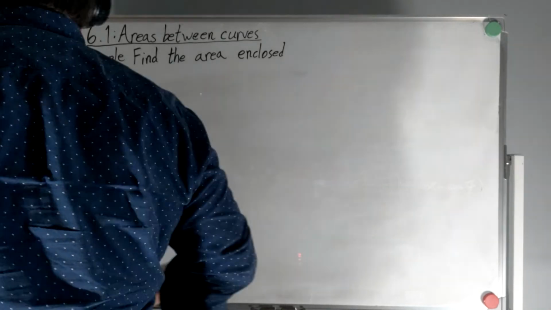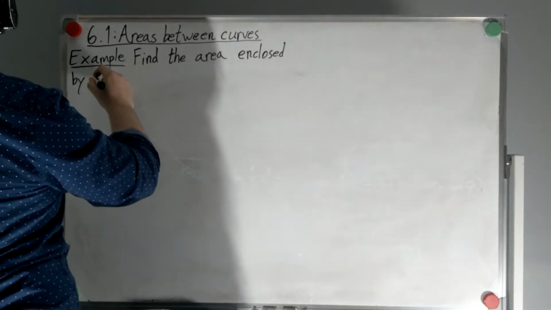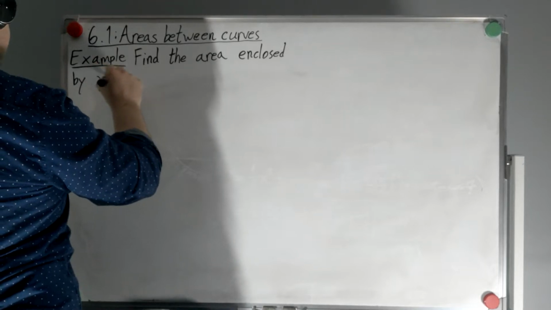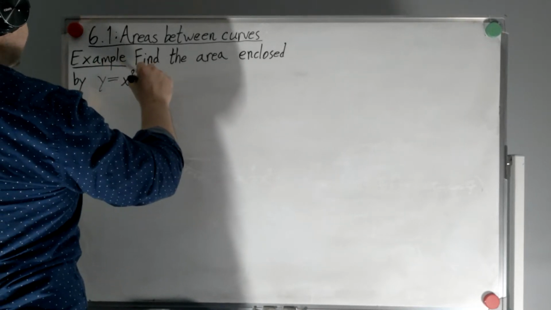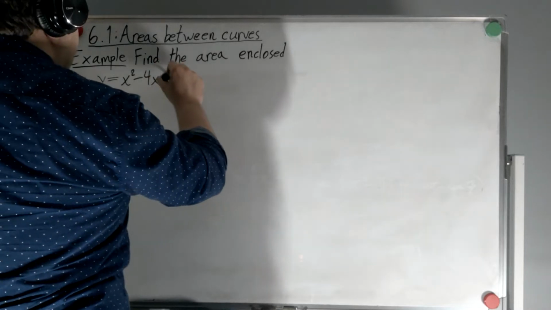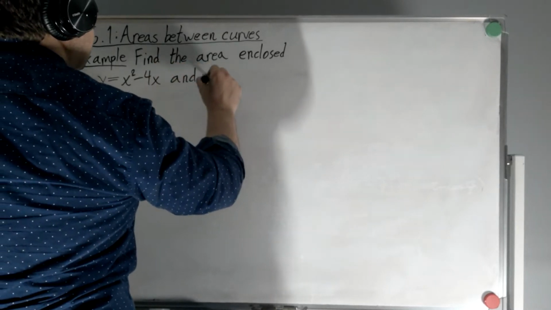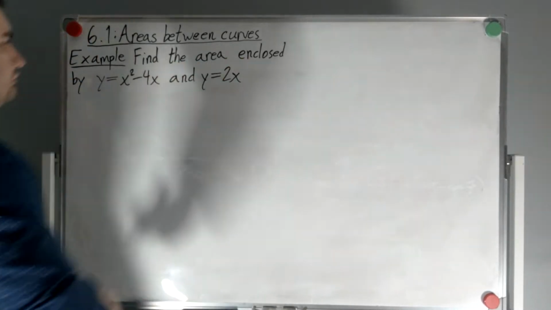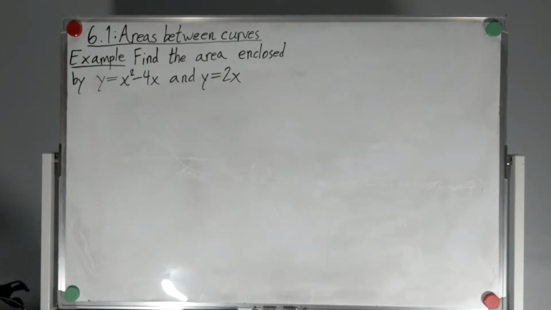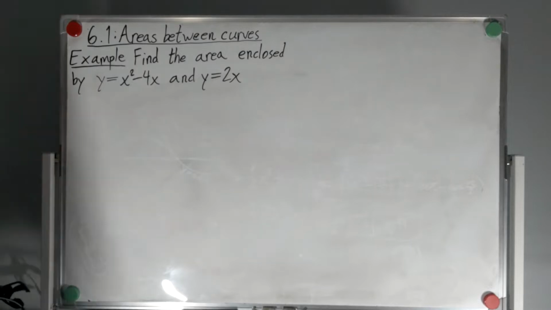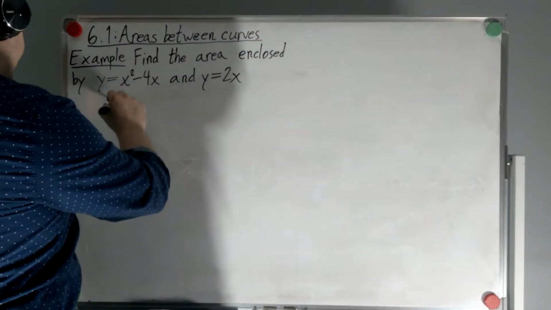So let's say we're just going to try to find the area enclosed by the curves y equals x squared minus 4x and y equals 2x. Now I'm just going to draw a rough sketch of that region.